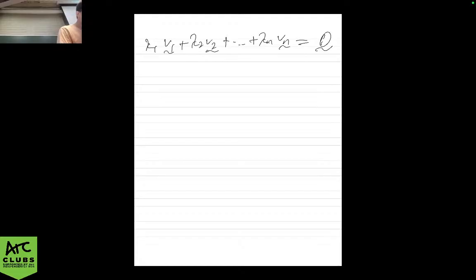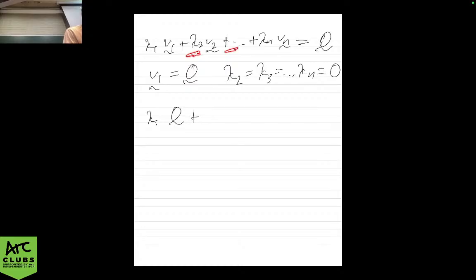So if my v1 vector equaled the 0 vector, then I would have lambda 1 times my 0 vector plus, and I'm going to set lambda 2 equal lambda 3 equal all the way to lambda n, and they all are 0. What happens here? Well, this coefficient is 0, this coefficient is 0, all of these are 0.